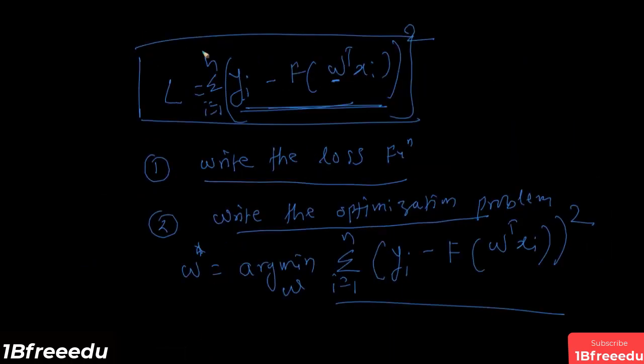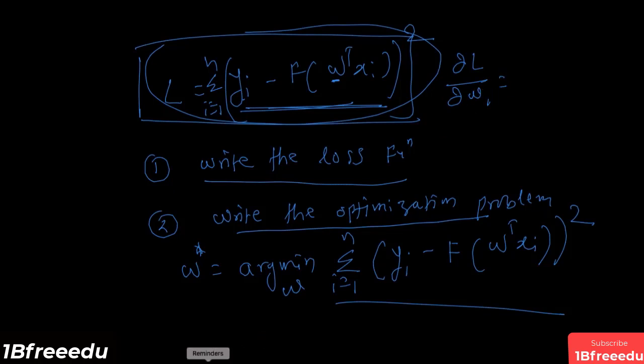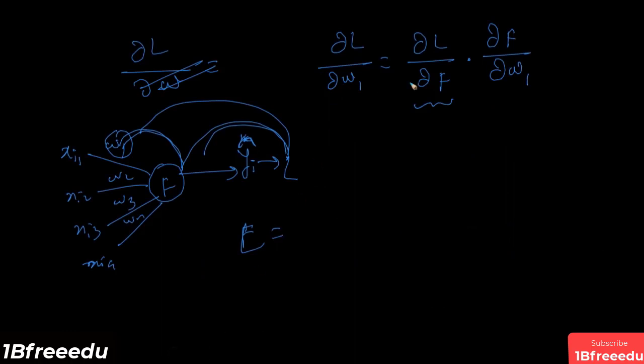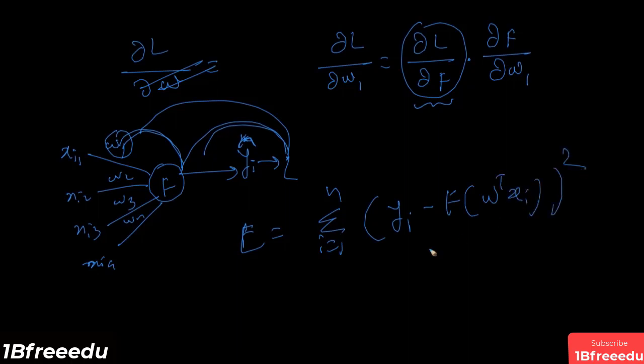L is equal to summation over i equals 1 to n of (yi minus f of w transpose xi) whole square. That is the loss function. We want to differentiate this loss function with respect to this f, right?